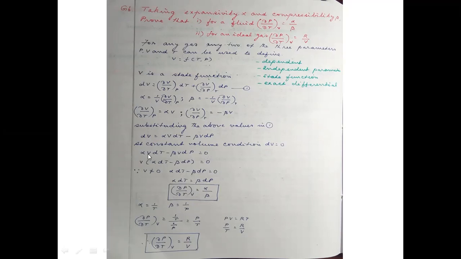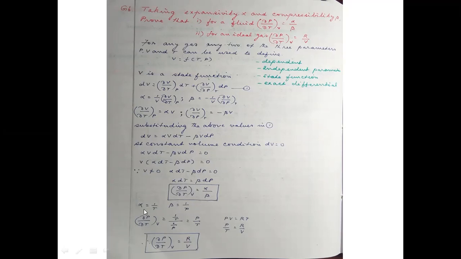When you take the volume out as a common factor, V into (alpha dT minus beta dP) is equal to 0. Volume change is 0, but volume cannot be 0. Hence, alpha dT minus beta dP is equal to 0, which means that alpha dT and beta dP are equal. So dP by dT is equal to alpha by beta. This is the first proof.